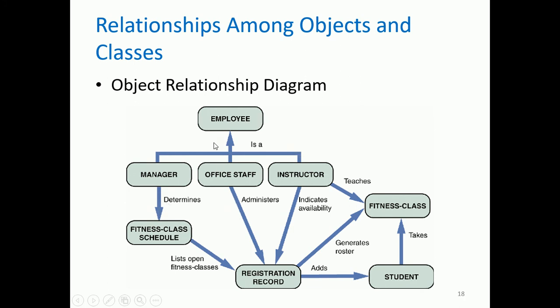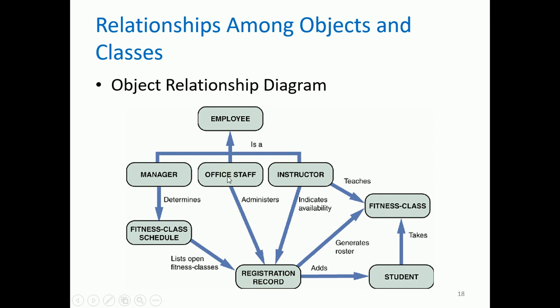By identifying the objects, create arrows to connect them and then determine their relationships. For example, employee is connected to the manager and office staff; an employee is an instructor, is an office staff, or is a manager. Manager determines fitness class schedule, and fitness class schedule lists open fitness classes for the registration record.